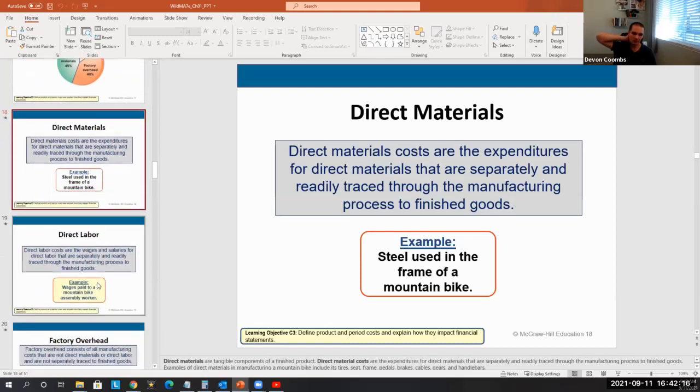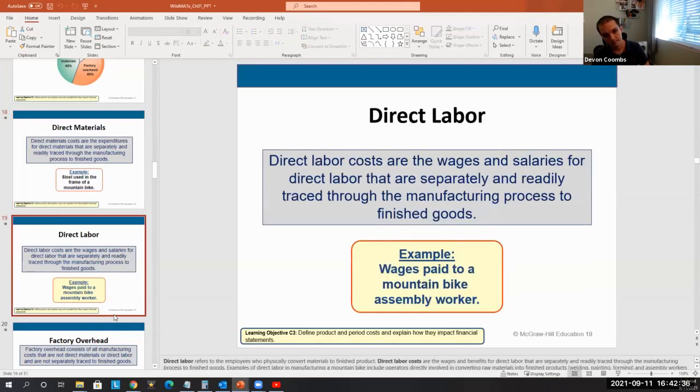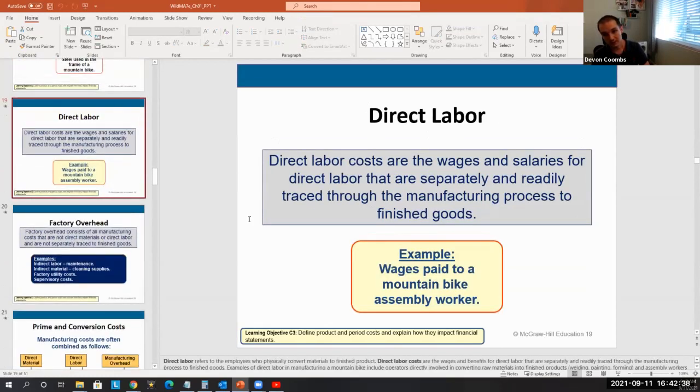So what are direct materials, direct labor, and factory overhead? Direct materials are what they are. They're any expenditure made on materials that are going to create the finished good. So if I'm making a bike, right, I need my wheels, I need my steel, I need all that fun stuff. And then I need labor to build the bike. That's what direct labor is: any cost that goes directly into building the bike.